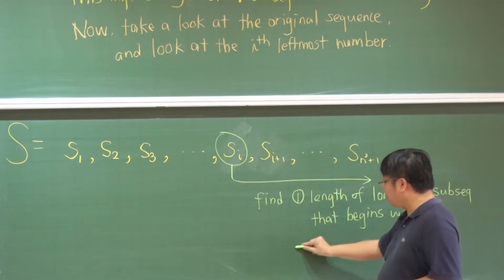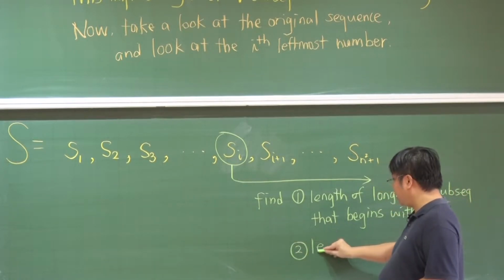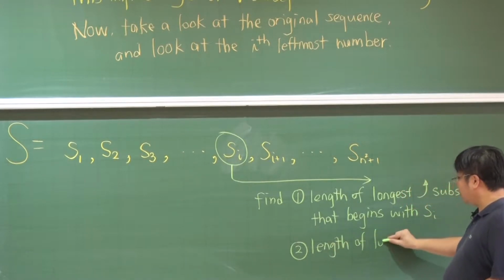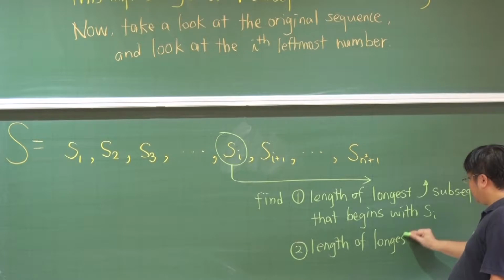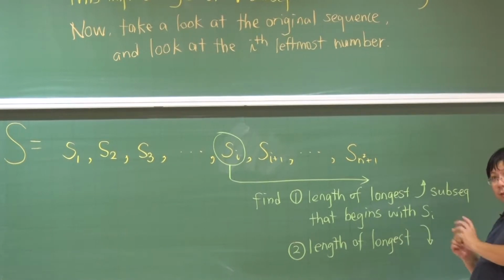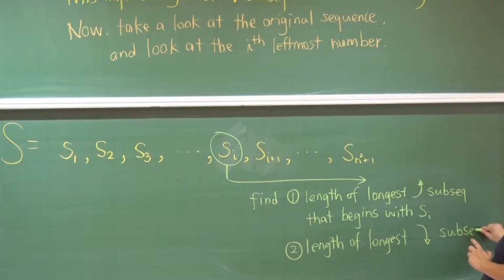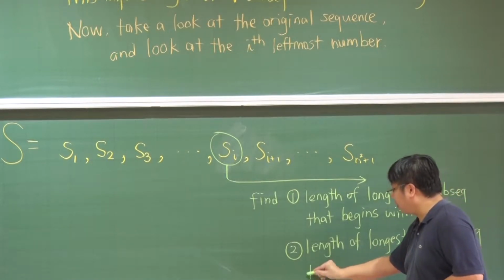And also, we want to find out the length of the longest decreasing subsequence. Don't worry, this is really complicated. So we are going to define some complicated thing that begins with Si as well.